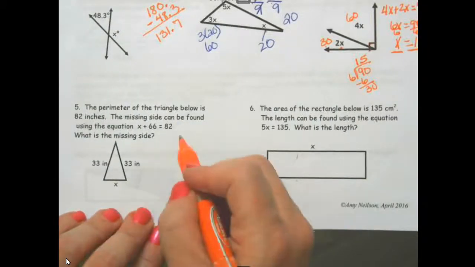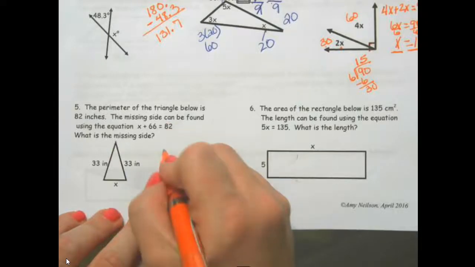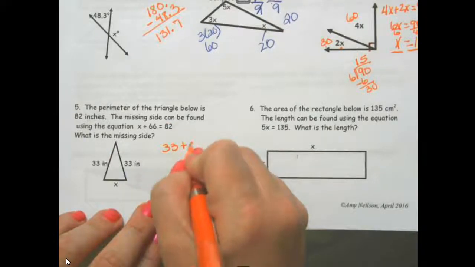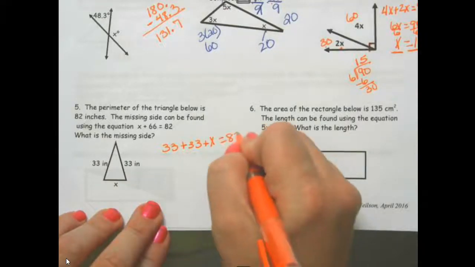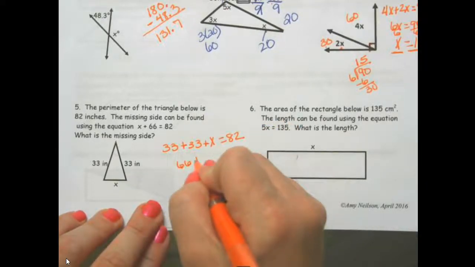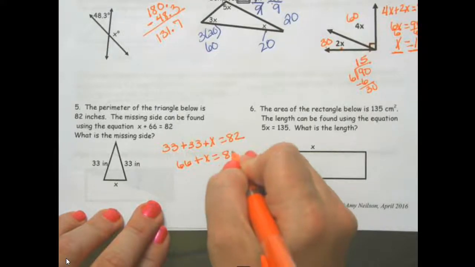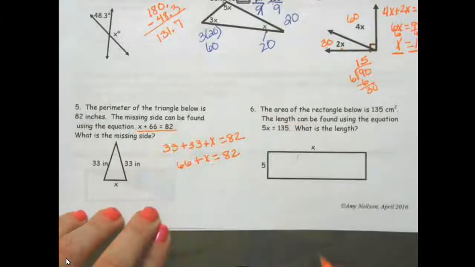The perimeter of the triangle below is 82. So that means 33 plus 33 plus x equals 82. 66 plus x equals 82. That's where they get this.